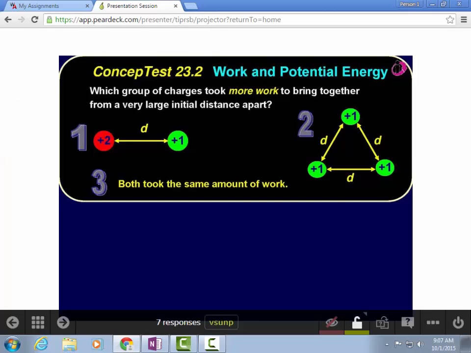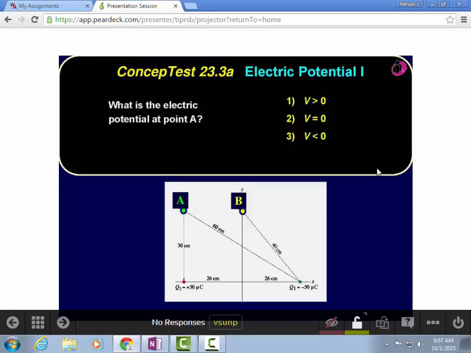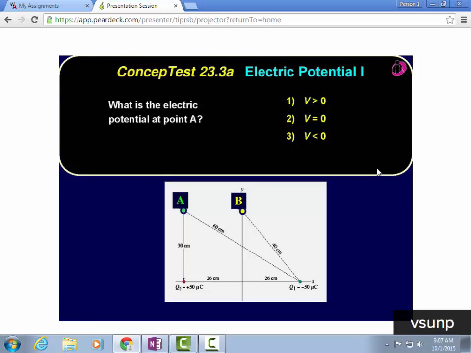All right. What is the electric potential at A? Isn't that a 30-60 triangle? It's very tall. Oh, so Q, the charge, is 50.